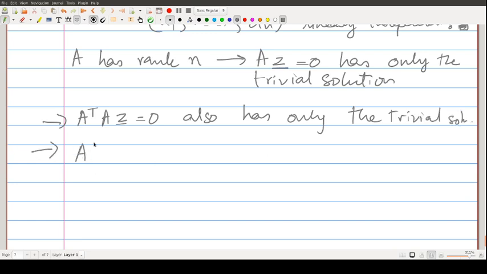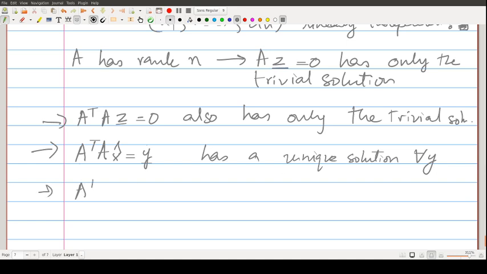Or rather, let me not skip the steps: if the homogeneous system has only the trivial solution, then the non-homogeneous system A transpose A x equals y has a unique solution for all y, so A transpose A x hat has a unique solution as well.